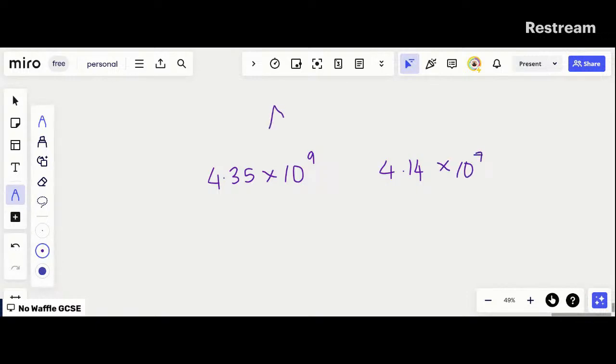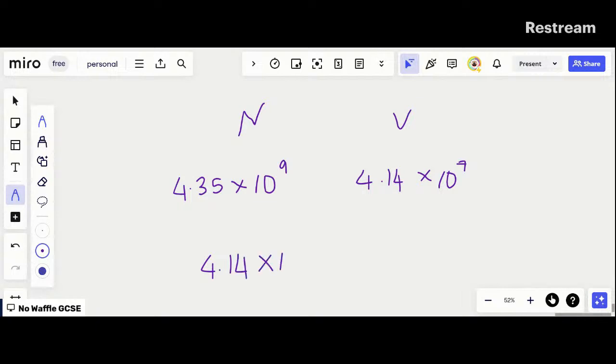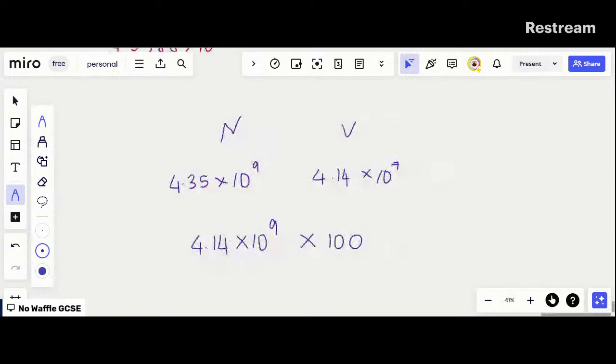So this is Neptune, and this is Venus. So he is saying that Neptune is over 100 times further away than Venus is. So he's saying that 4.14 multiplied by 100, and since it's over 100 times further, it's still less than 4.35 times 10 to the 9.